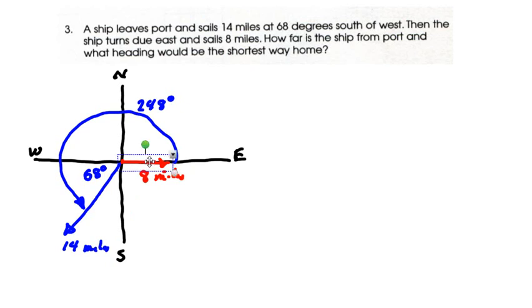So it would be effectively taking this vector right here, and it would be where we end up, and it will give us a direction to go back. So let's put this right back here. Again, we could set it up just like we did for problem 1. So we take our 14-mile one here.